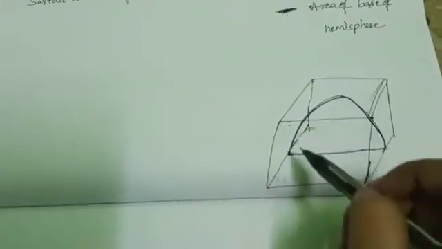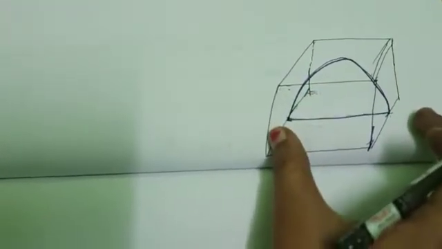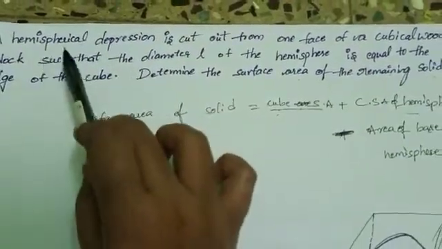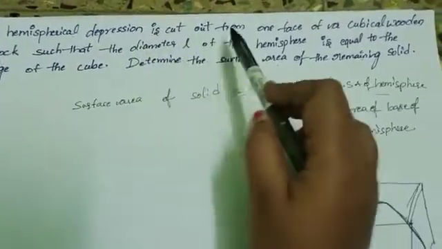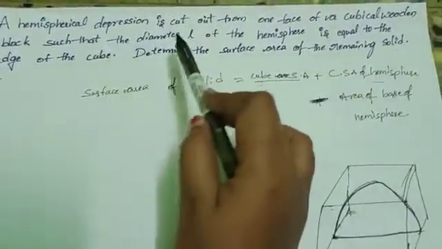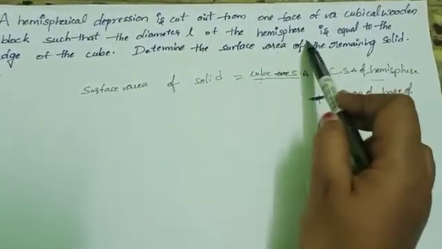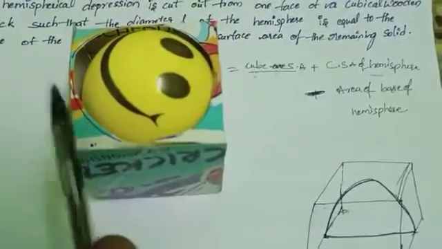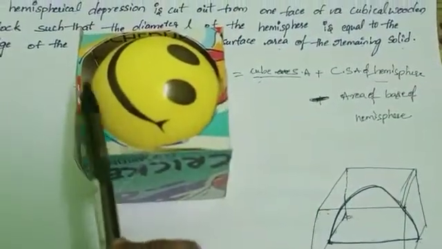A hemispherical depression in the cubical wooden block. Okay, read the question. A hemispherical depression is cut out from one face of the cubical wooden block such that the diameter L of the hemisphere. Here the diameter of the hemisphere is given, from here to here.